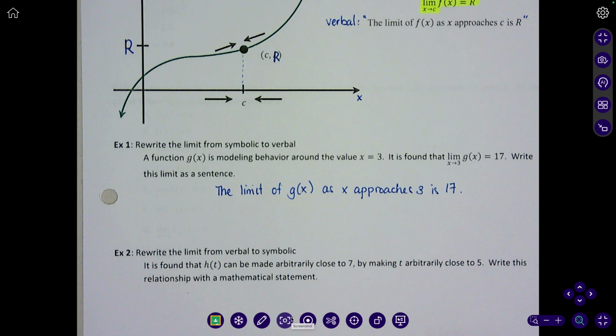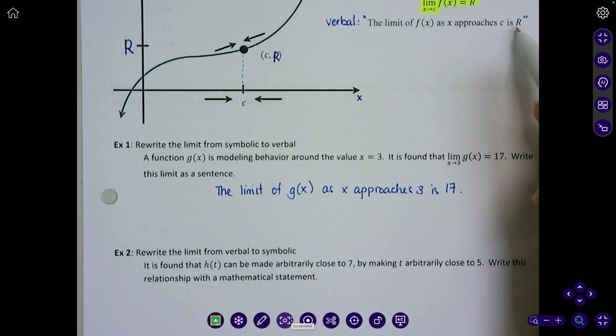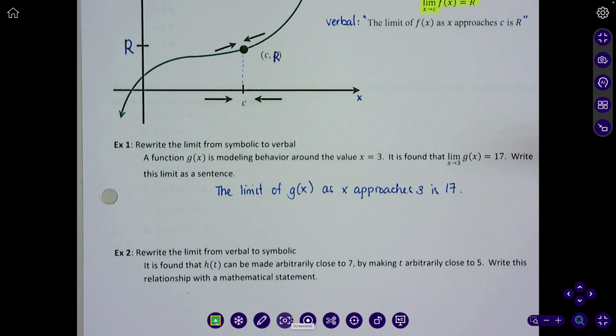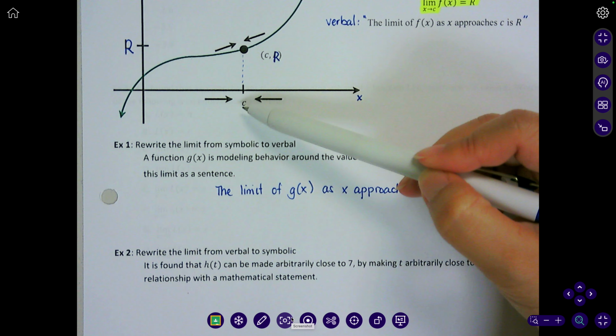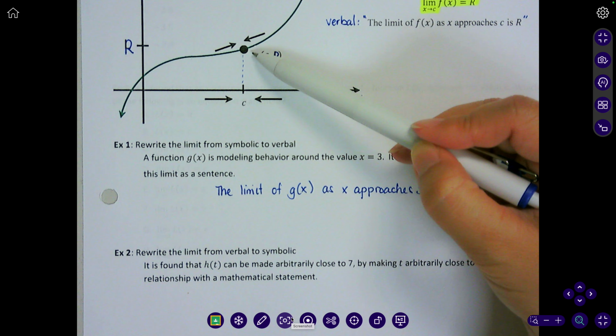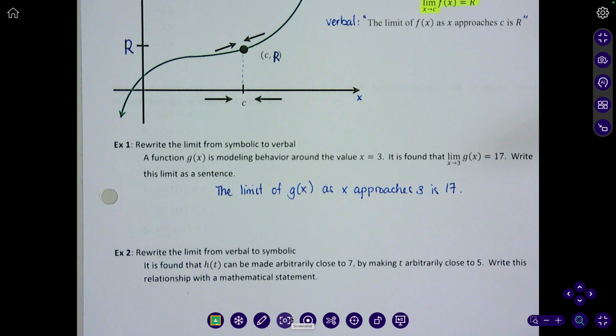That's how you write it. It's going to mimic this one. The r is the 17, the c is your 3. So one more time: as x gets close to 3, y goes to 17. That's what that means. Any questions?